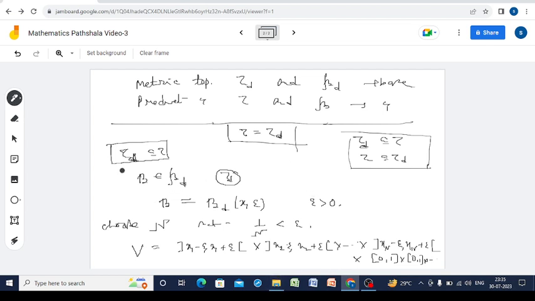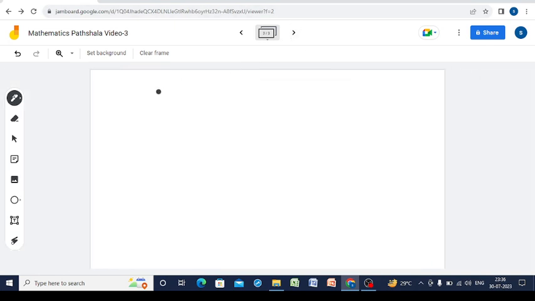So first we have taken a B belonging to script Bd with x belonging to B, where x is our sequence xn. We have seen that this basic open set will be of the form Bd(x, epsilon) for some epsilon greater than 0, then we have chosen an n such that 1/n is less than epsilon, and we have taken a set V equal to this. We now show that x belongs to V, which is a subset of this Bd(x, epsilon).